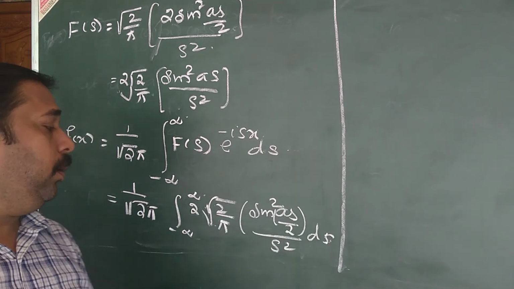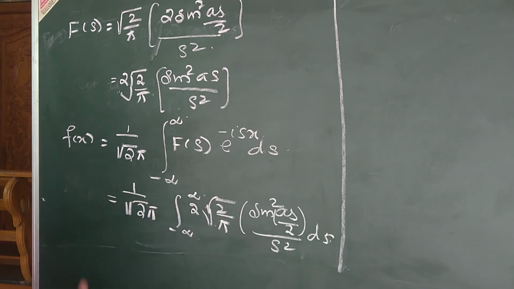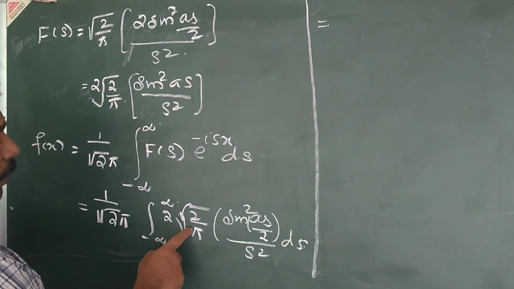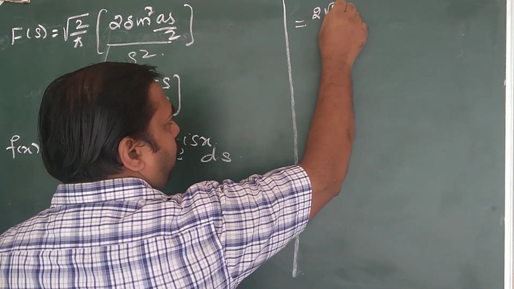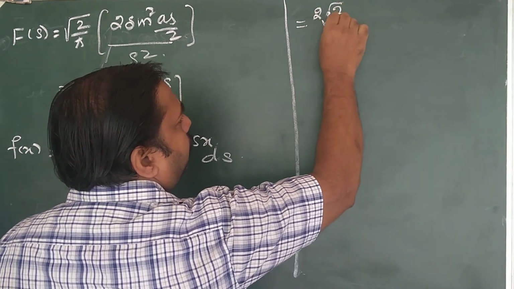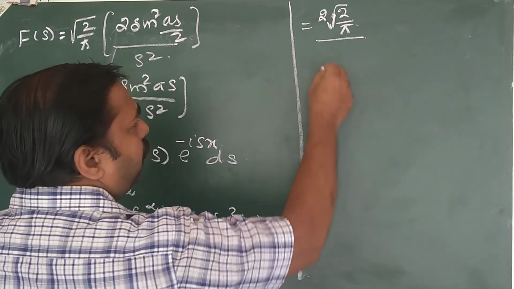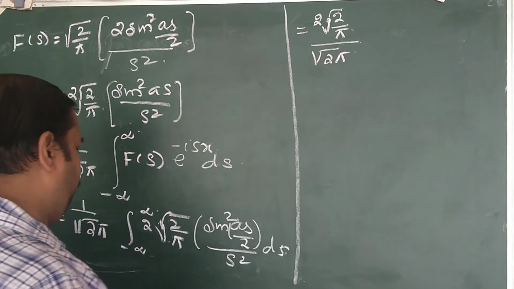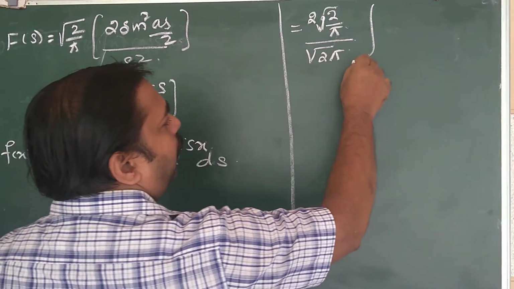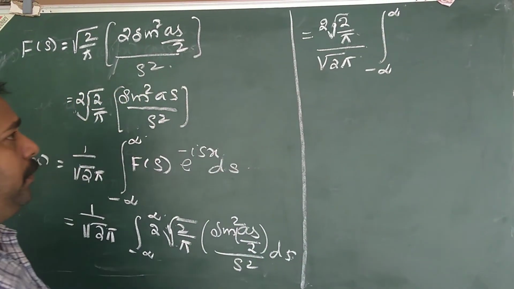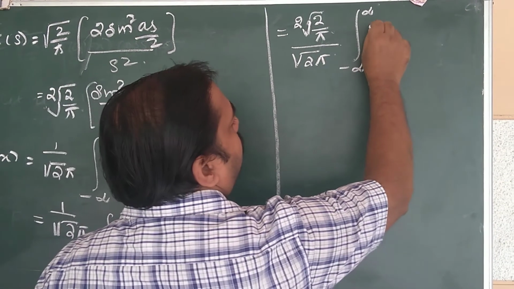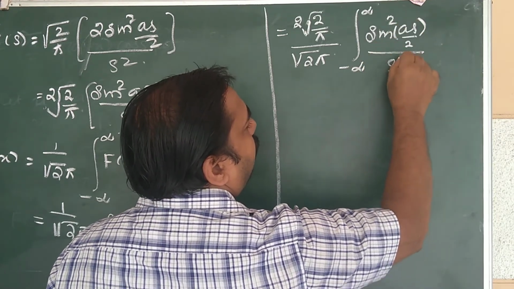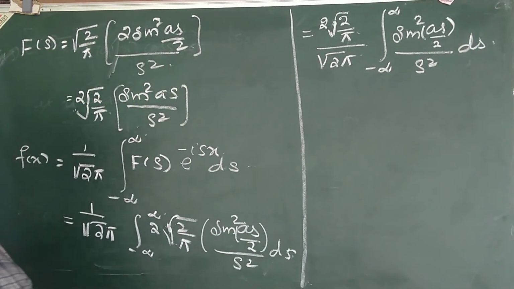We can take the constants outside: 1 by root 2 pi and 2 root 2 by pi, into the integral minus infinity to infinity sin square as by 2 whole divided by s square ds.